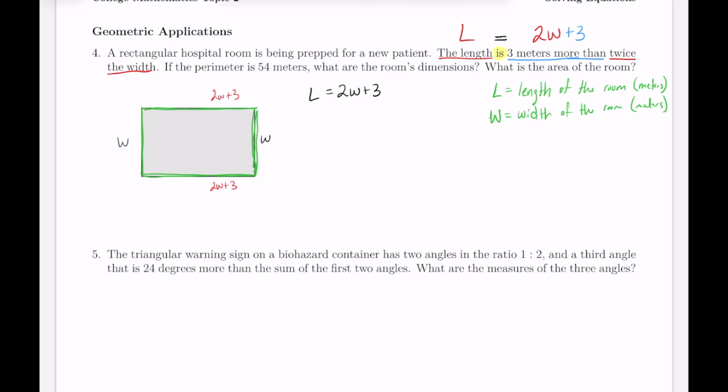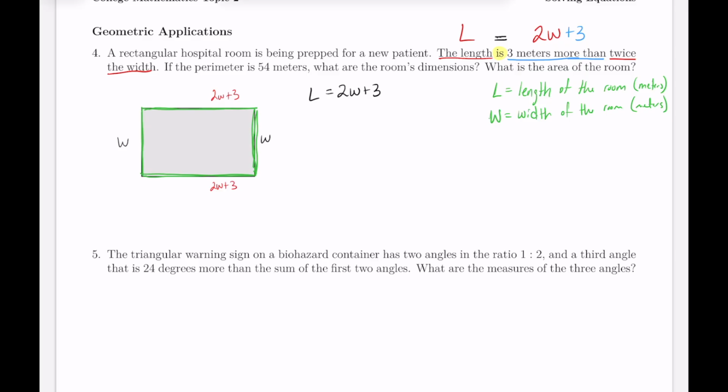The reason we identify these variables is because the more variables we have, we want to make sure we know exactly what we're talking about, and we communicate that to anyone else that might need to look over our work, or that we might have to explain something to. Now we know that anytime we use L in this problem, we're talking about the length of the room, and anytime we use W, we're talking about the width of the room.